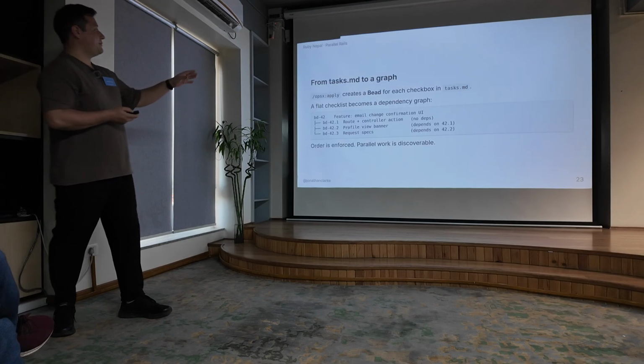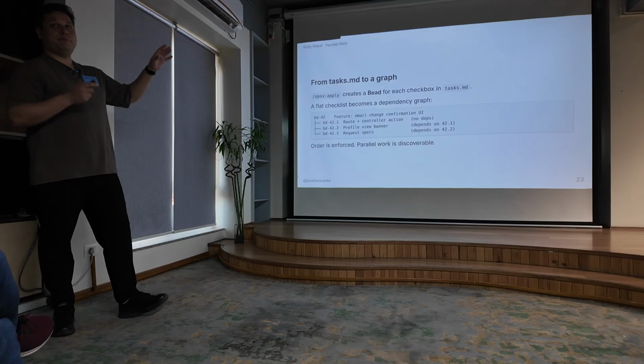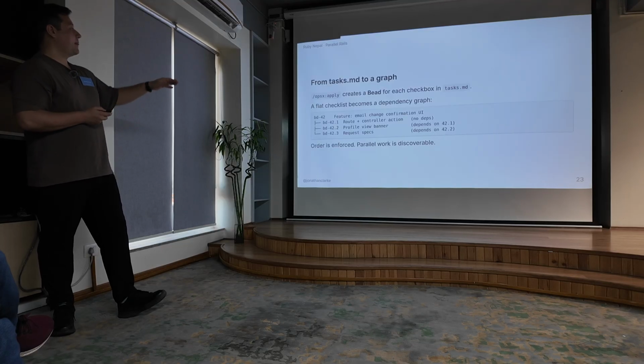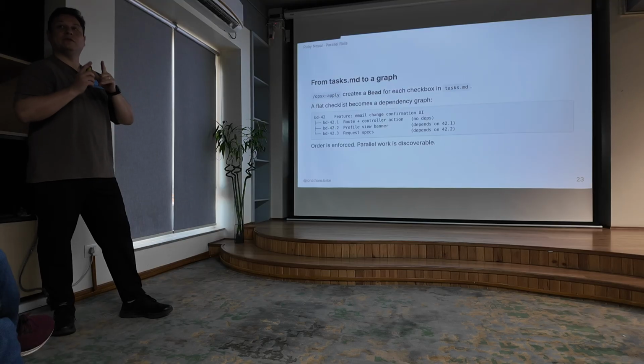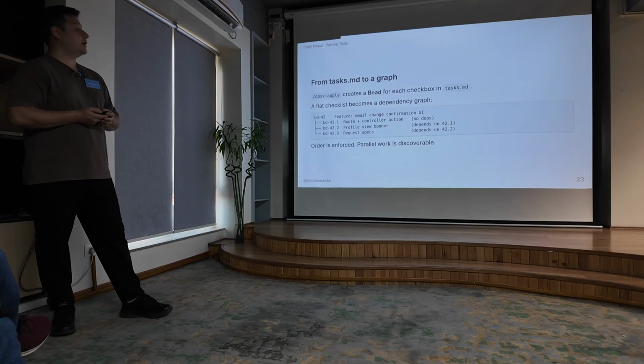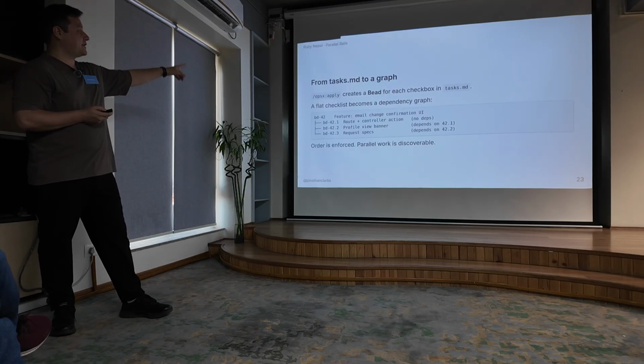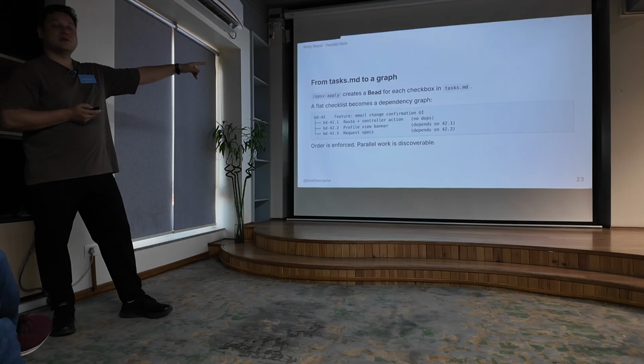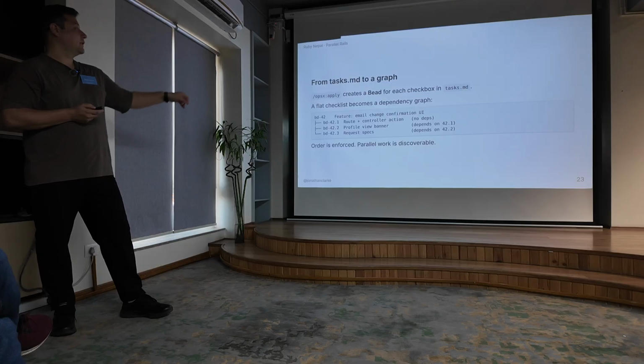So from the tasks.md, it creates a bead for each task, okay? And you can see here, a bead is just a little database that's on your computer, okay? And it's created 3 different tasks based off that, and it's also created dependencies as well, all right?